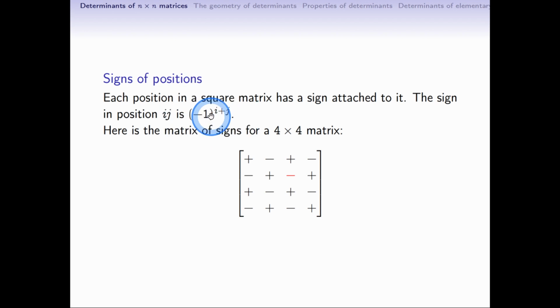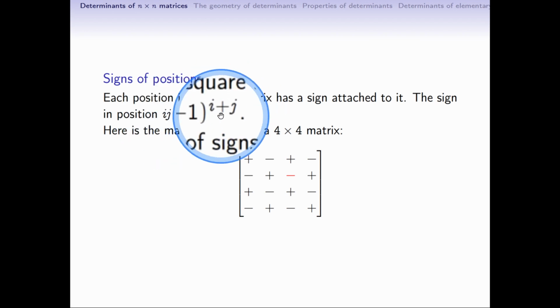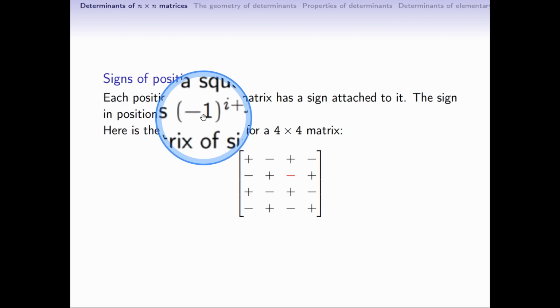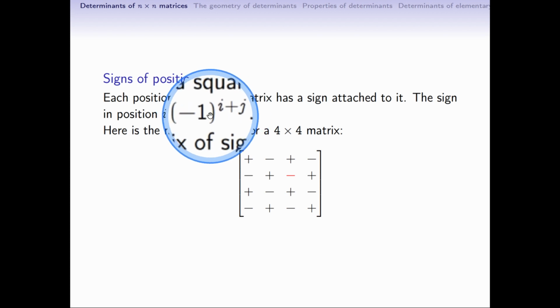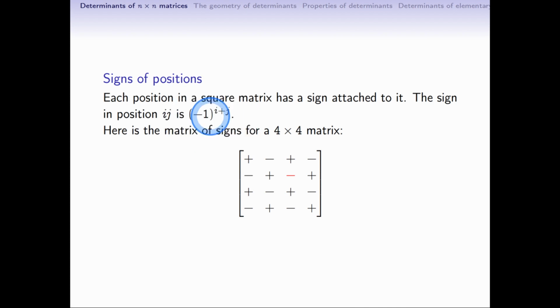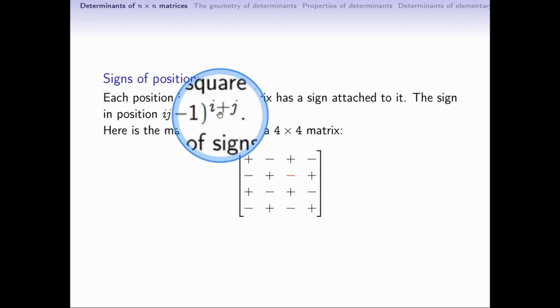And what that means is whenever i and j together combine to an even number, then that position is going to have a +1 or a positive sign attached to it. But when i and j together add up to an odd number, then that position will have a -1 or a minus sign attached to it.